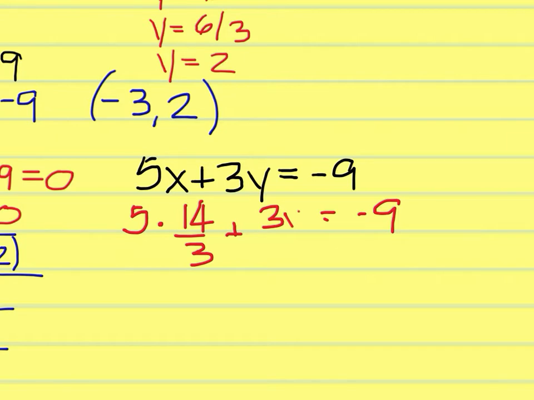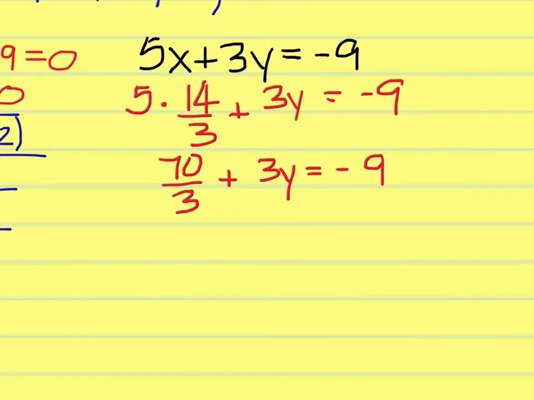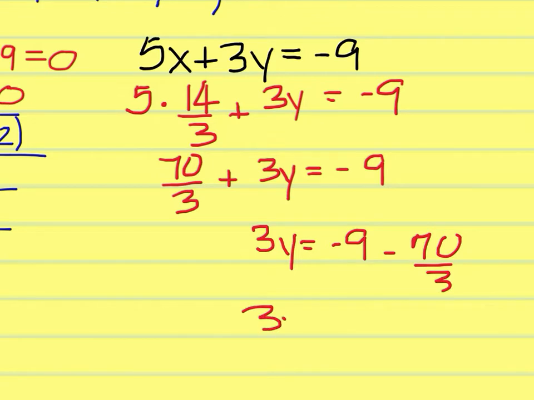Multiply 5 by 14 over 3 to come up with 70 over 3. And now you have to move that to the right hand side. Change the sign to minus 70 over 3. A common denominator of 3 would give me a negative 27 over 3 and then minus 70 over 3.